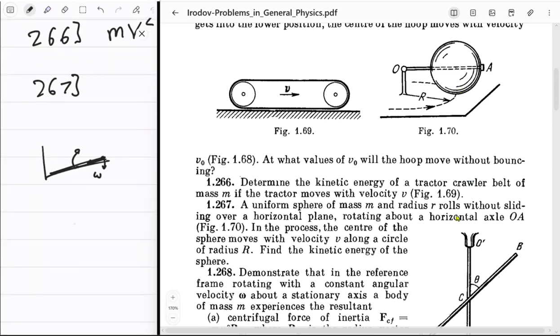So it has omega in this direction, which is v upon capital R. And in this rotating reference frame, this thing is actually moving like that, and this point is stationary in that rotating reference frame. It's kind of hard to explain what's going on.